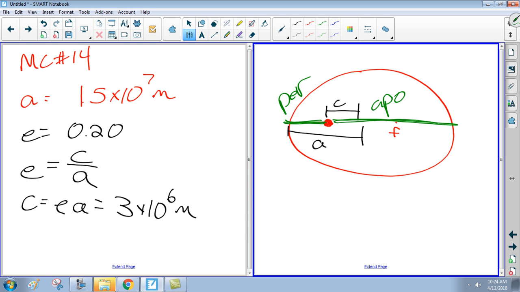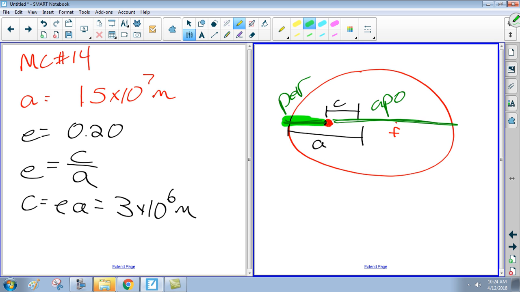Okay, so to find our perigee, the perigee is this little one, they're both green, I will highlight it. How do I find that? 2A minus... I don't even think I think it's easier than that. Isn't it just A minus C?